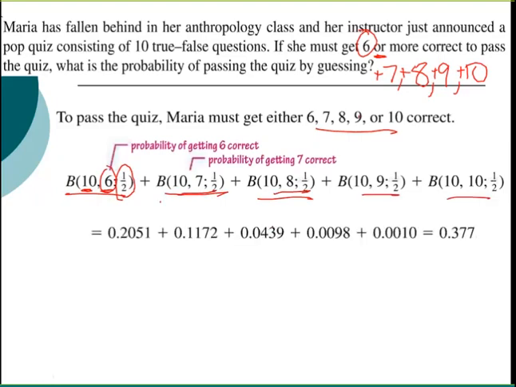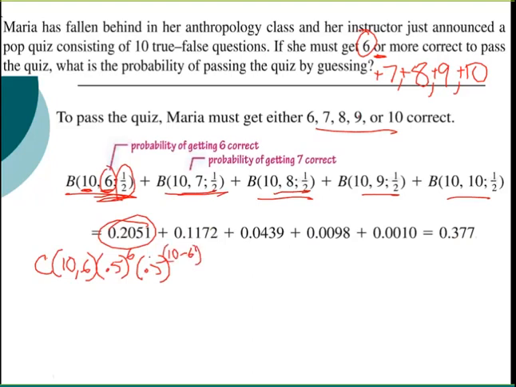And then if we work out those formulas, basically this 0.2051 came from doing the combination of 10 choose 6 times 0.5 to the 6th power, and then times 0.5 to the 10 minus 6 power. And that is happening for each one of these. So you do it for each individual one, and that'll give you these. So this one is the 0.2051, and then we would do another one here for this guy, and continue.